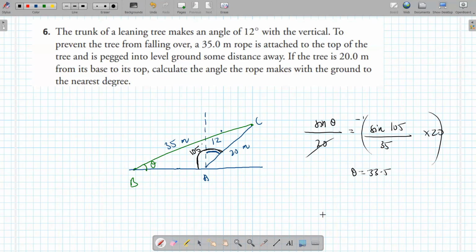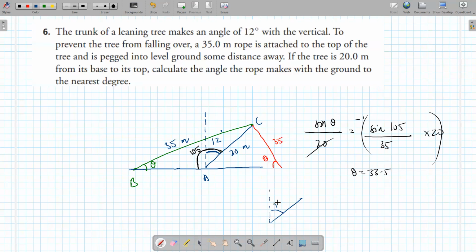That made sense? Okay, for a moment, let's consider the other possibility that our rope is on this side. And the length of the rope is 35, and this is the angle that's missing. So basically your setup will look something like this.